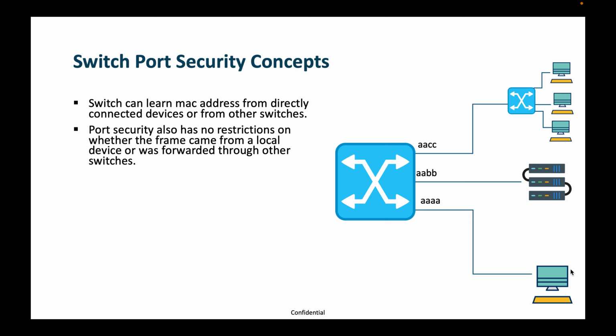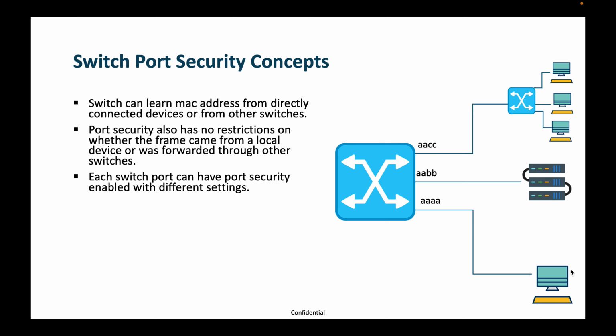Port security has various flexible options but follows the same basic principle, because each switch port can have port security enabled with different settings. Each port has a limit on the number of allowed MAC addresses.